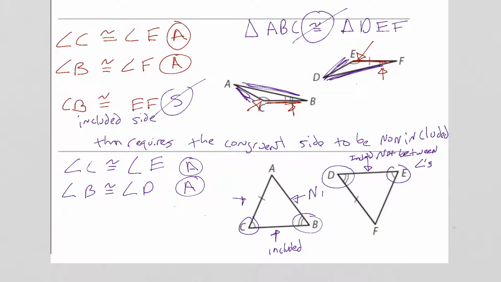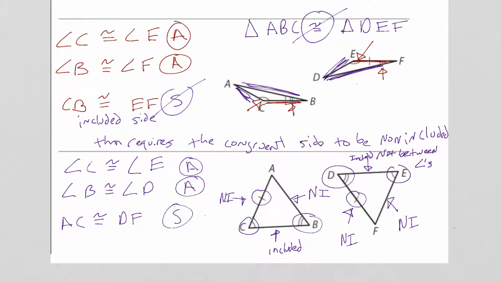I'm going to say NI for short, not included. So the question is, is there a condition where corresponding non-included sides are congruent? The answer is yes, right? We're talking about AC and DF.